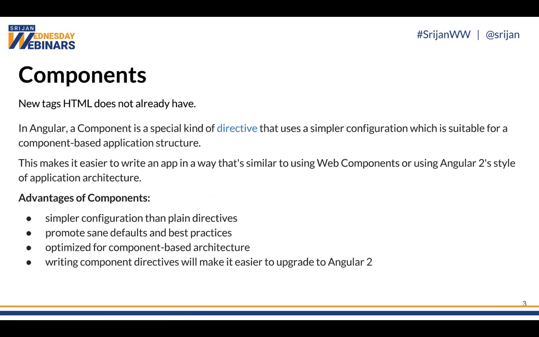For example, if there is a Facebook post page for a particular post with comments, the whole page is one component which has child components: the post, the comment list and the comment form, and the comment list again has child components, each comment being one component. So components are reusable pieces of code which can exist on their own and can be used in multiple places. We'll look into that.